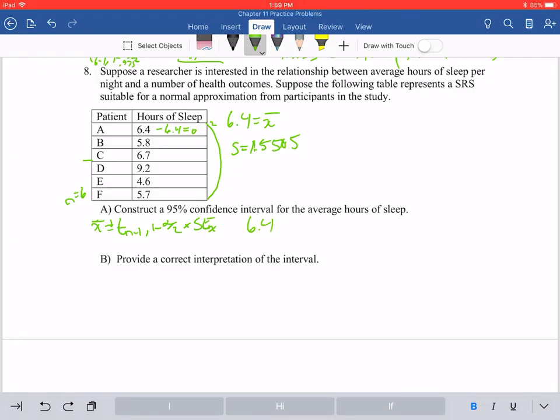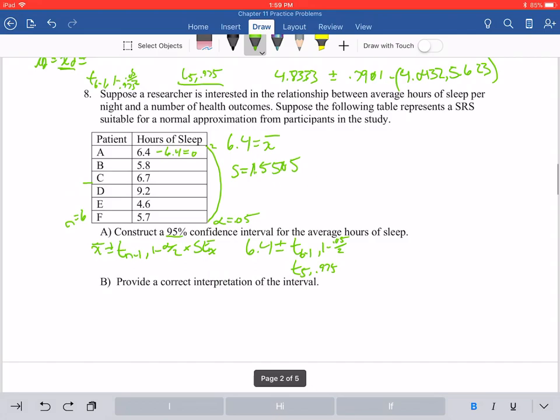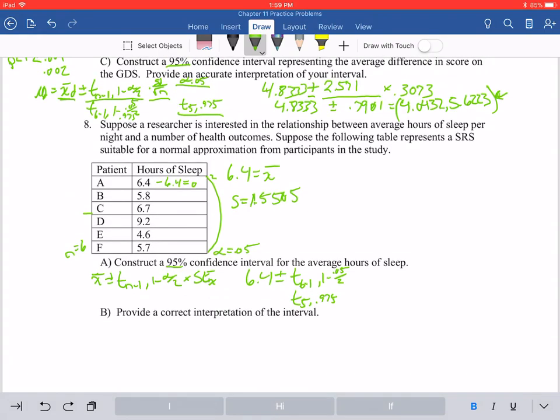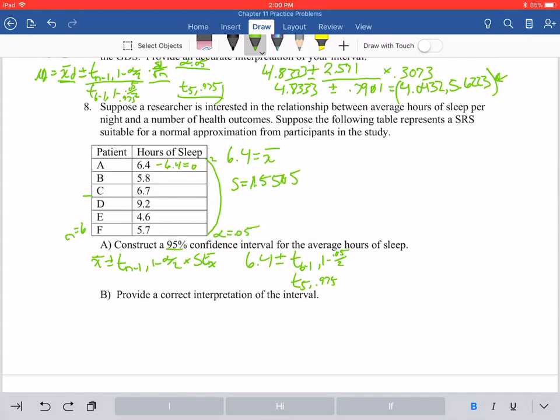So our x bar, like we said, is 6.4. We're going to plus or minus our t of n, which is 6 minus 1. And at 95% confident, that's alpha equals 0.05. So 1 minus 0.05 over 2. So we're trying to find our degrees of freedom of 5 at 0.975. Luckily this was already calculated previously up top here, so we can take the same value and use it again.